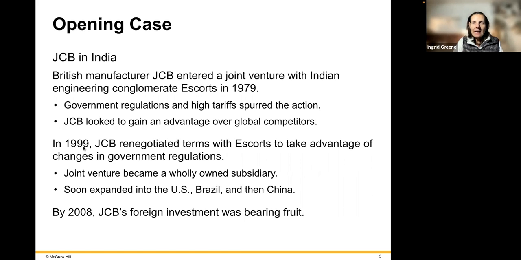Then in 1999, the rules changed and JCB renegotiated the terms with Escorts to take full advantage of the change in the government regulations.